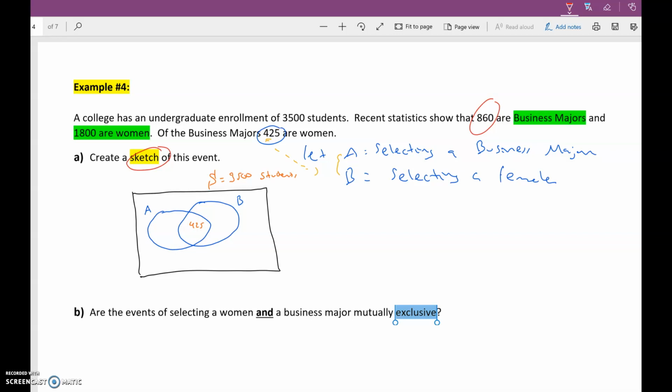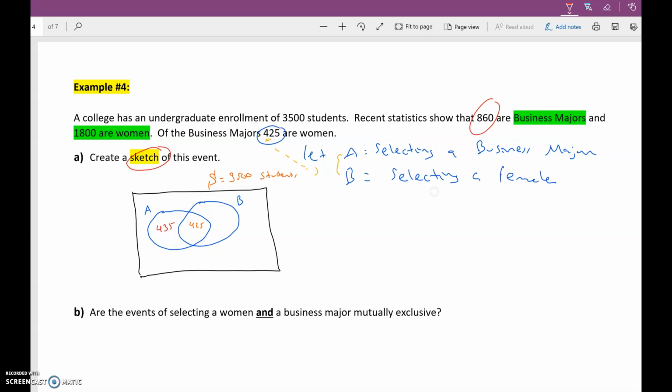So technically the other portion shown on circle A is going to be 860 minus 425. Please double check. This should be 435, since these two totals have to add to 860. And let me double check this. So adding these two, I'm getting a total of 860.